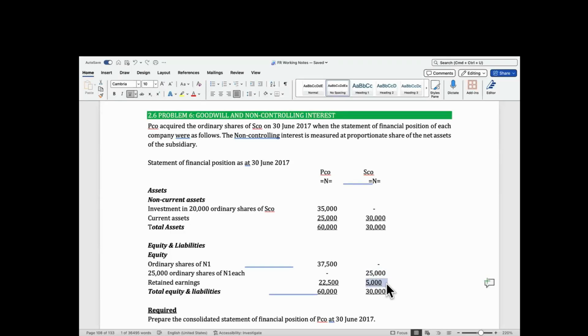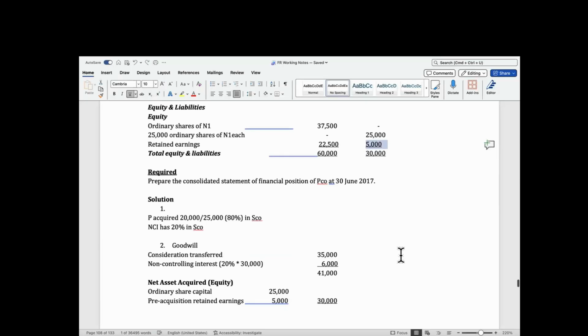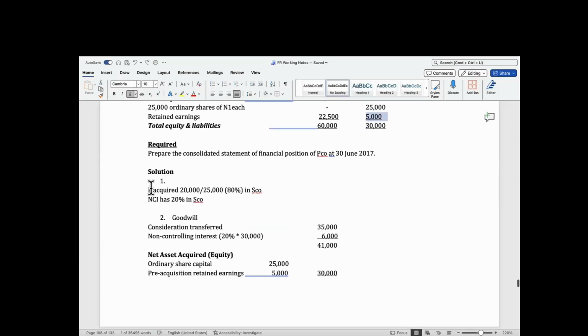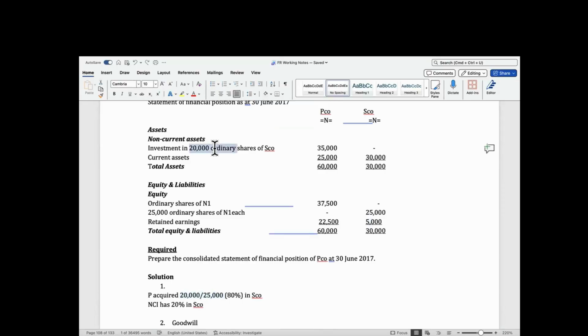However, there's still a portion that belongs to outsiders who are the non-controlling interest, just like we did in the other question. Firstly, I calculated the parent holding in the subsidiary, which is 20,000 shares over 25,000, because we're told that the parent bought 20,000 shares of ESCO, and ESCO has 25,000 shares.